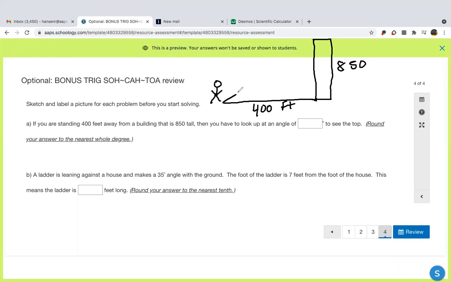So I'm looking up at an angle of blank degrees. I don't know. I'm going to call it theta. What is the angle? That is the question. So notice, people, that I have a 90-degree angle where the ground meets the building. And I think you can see my right triangle there in black, right?